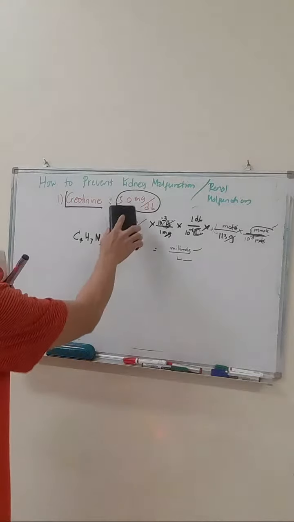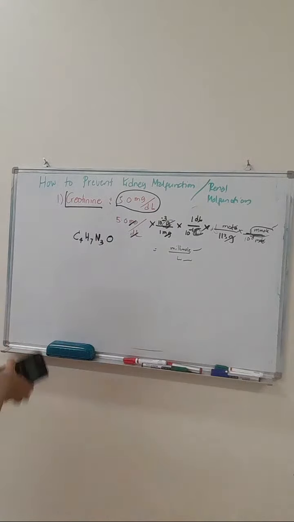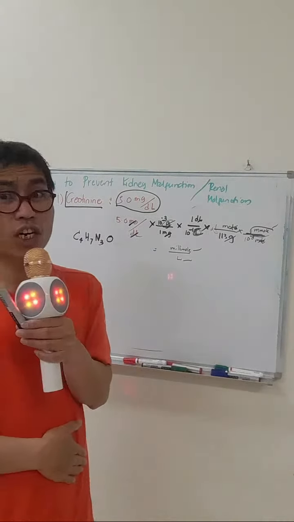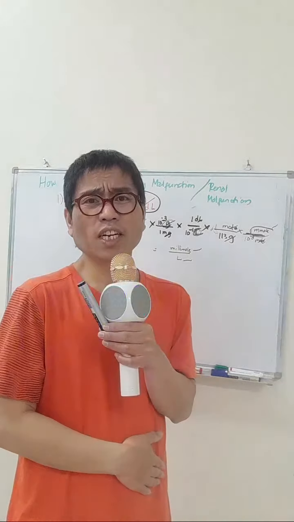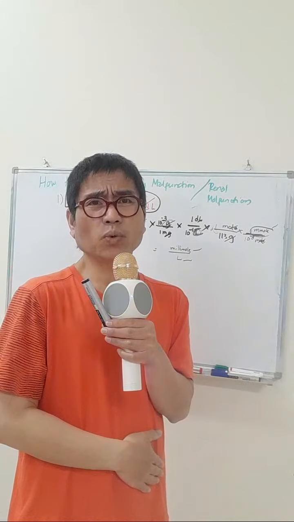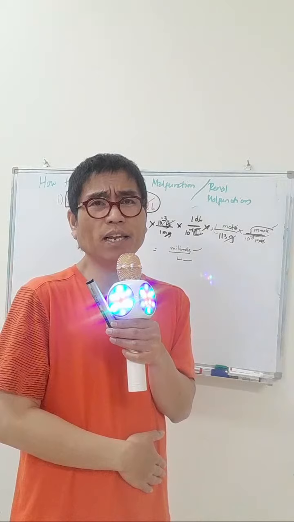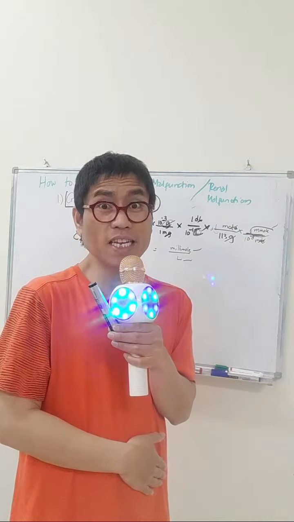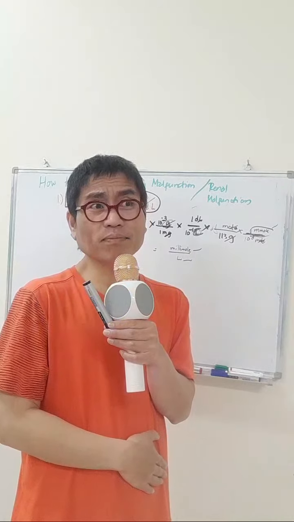It's very small to work with in grams. Let's say, for example, the level of sugar for diabetics, 199 milligrams per deciliter to 250, something like that.